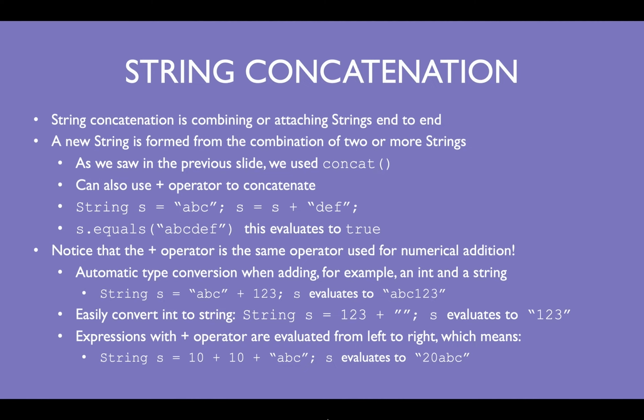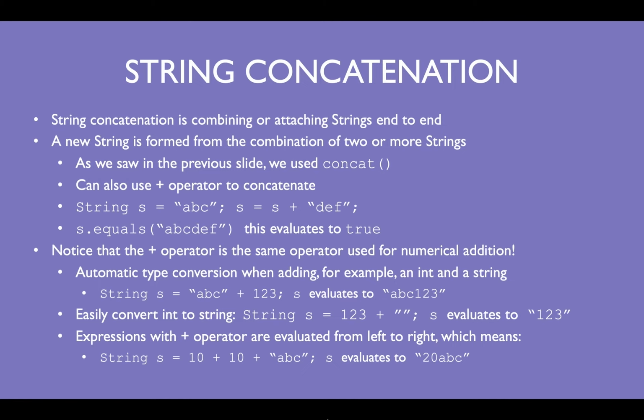Because of this, we can pretty much easily convert integers to strings using the plus operator and just adding an empty string. So because the string sort of overrides the integer data type, if we declare string s equal to the integer 123 plus an empty string, s is really just now the string 123. And we don't have to bother with the functions that we've gone through before.